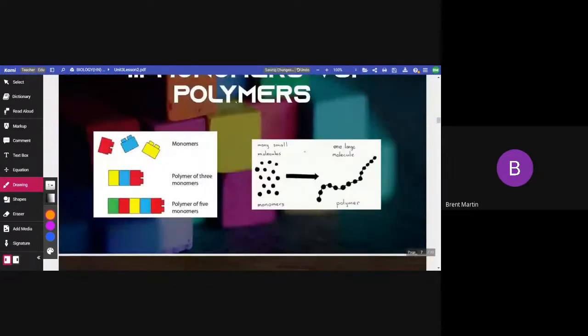When you put a bunch of blocks together, it doesn't matter how many there are. There's 3 here, there's 5 here, but both of them are still considered to be what? A polymer. They're just made up of a different number of monomers.